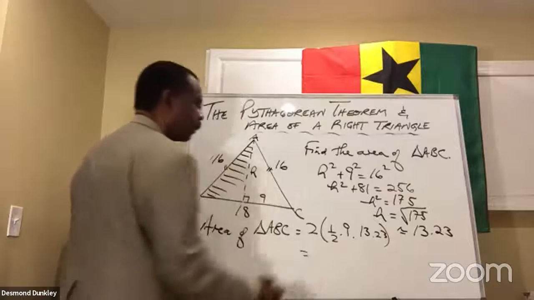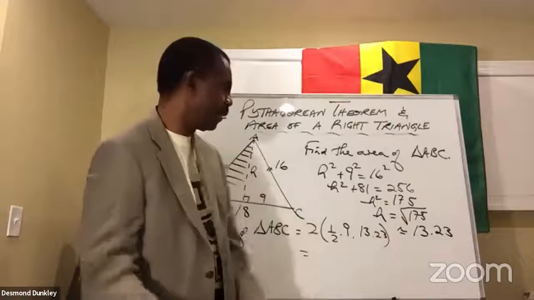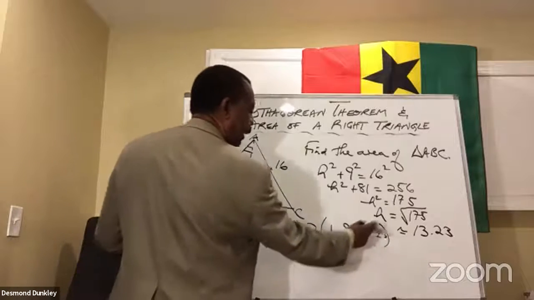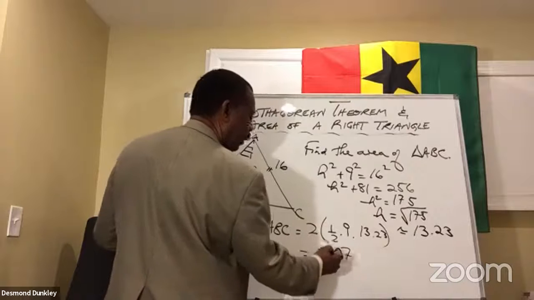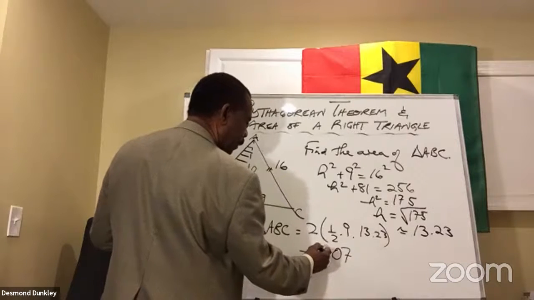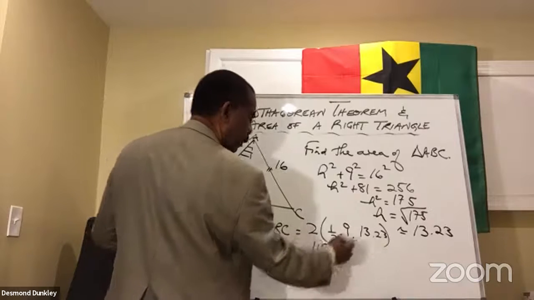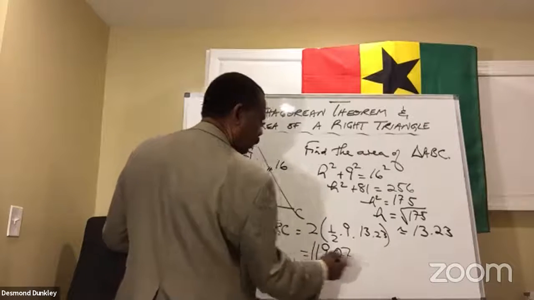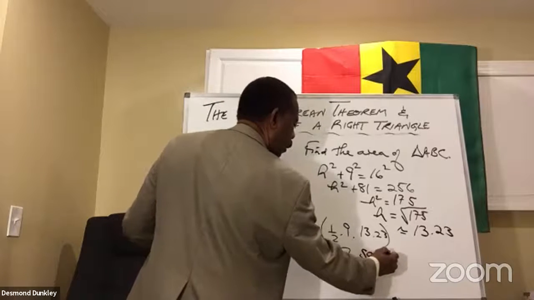So that's equal to 2 times a half is 1. So then it's going to be just 9 times that. So 9 times 3 is 27, 9 times 2 is 18, 20, 9 times 3 is 27, 29, 9 times 1 is 9, and 2 is 11. So it's 119.07 square units.